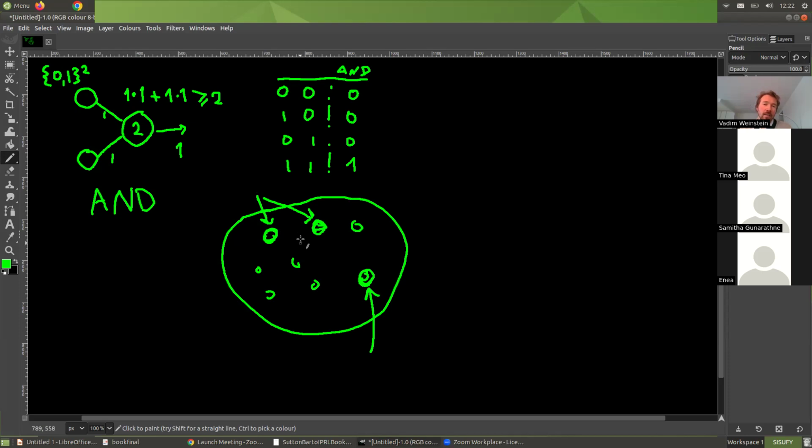So basically, if both of these are initialized to 1, then this will be 1. And if these are initialized to anything other than both 1, then this will be 0. That's one way to interpret the question.